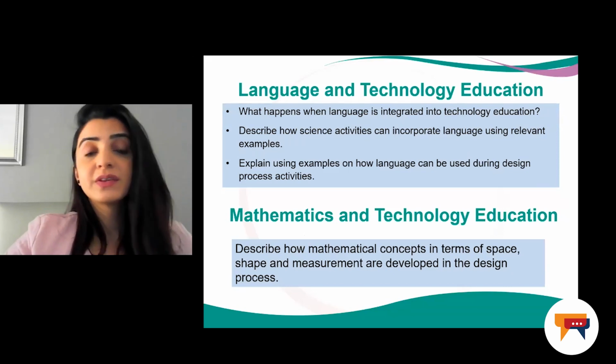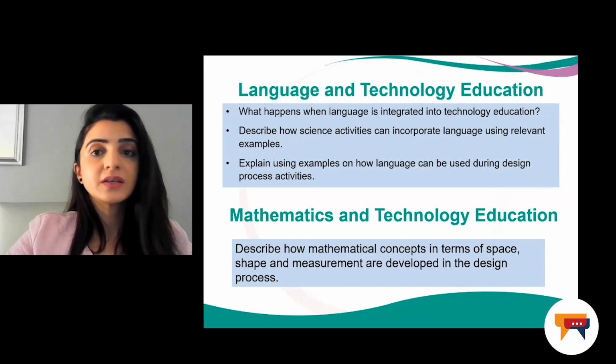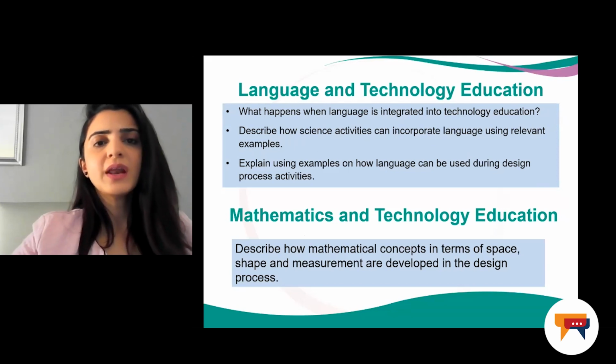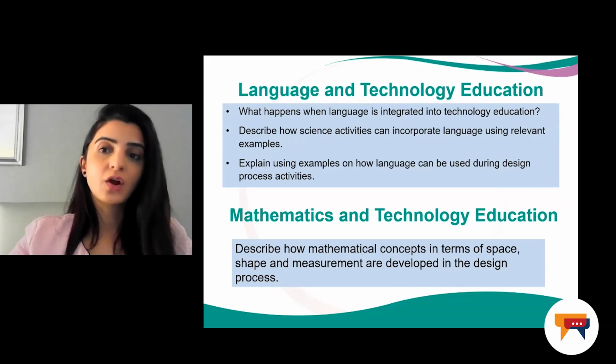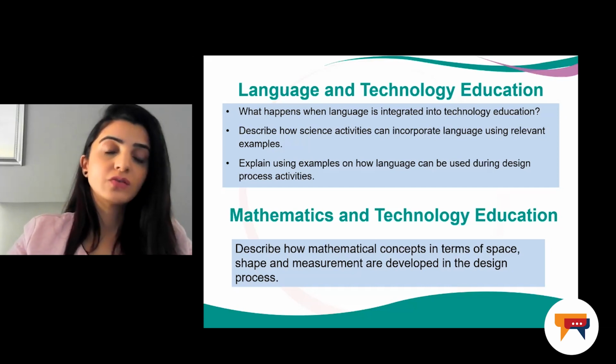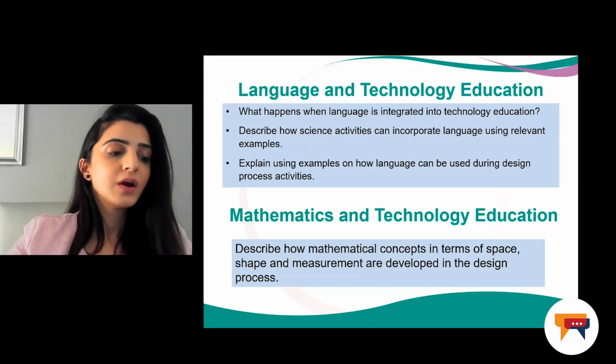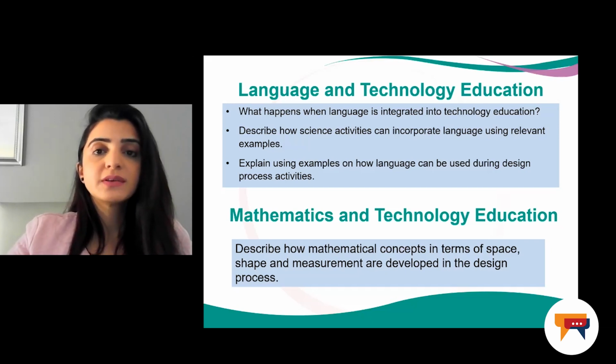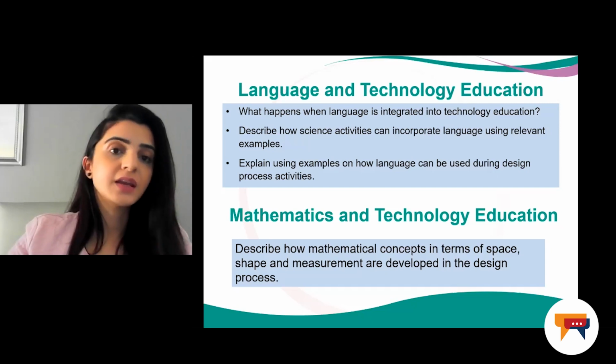Okay, and like we've said previously, language and technology education is very important. You need to understand what happens when language is integrated into technology education. We've seen in the steps previously that at the end, they need to be able to communicate how they're going to solve the problem, in terms of whatever it may be. Language is important in science and technology.